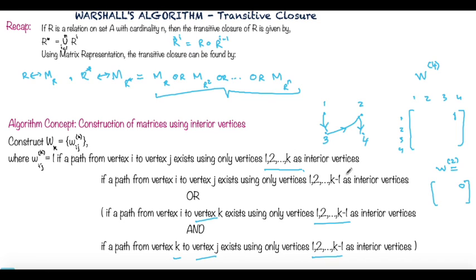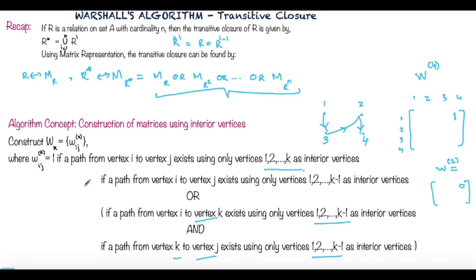But if, for example, we could not have done that, then it is also possible that there is a path from vertex I to the new vertex which we introduce here using K minus 1 interior vertices, and from the new vertex to the destination we can move using K minus 1 interior vertices again.